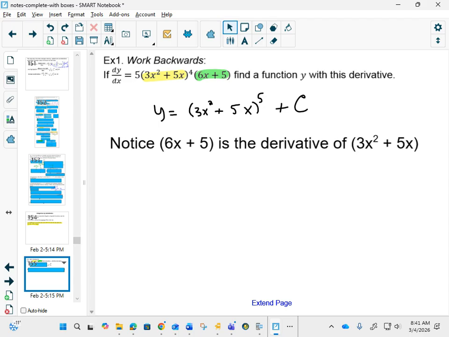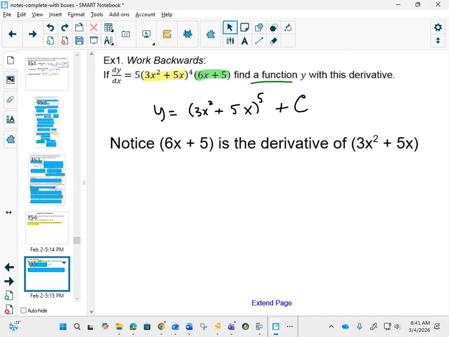In this question, you wouldn't have lost a mark if you didn't have the plus c, because the question said find a function, not all of them. So plus 0 is 1, and that would be okay. But what's going to happen when we do lots of integrals is they won't work out perfectly.